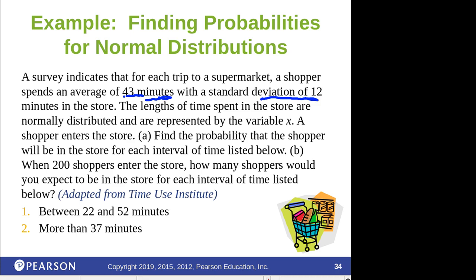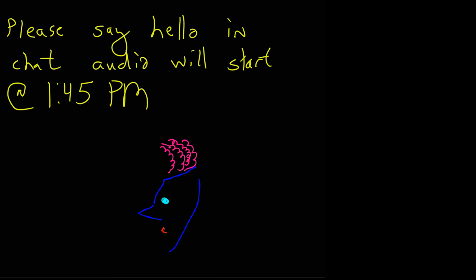If I switch into my Blackboard here and scroll this down a bit, I want to find my normal probability that we will be between 22 and 52 minutes. So 22 is less than or equal to x, less than or equal to 52 minutes.